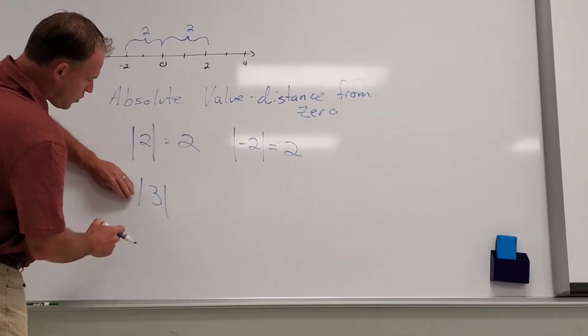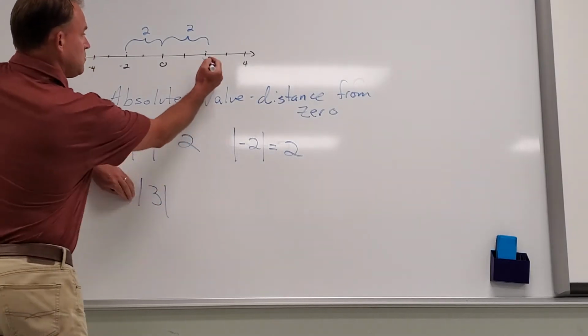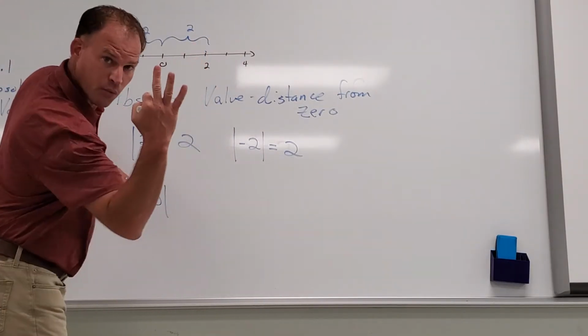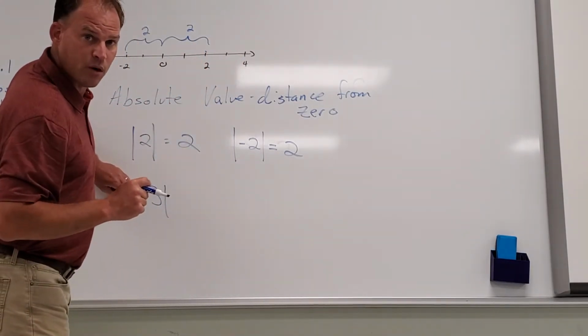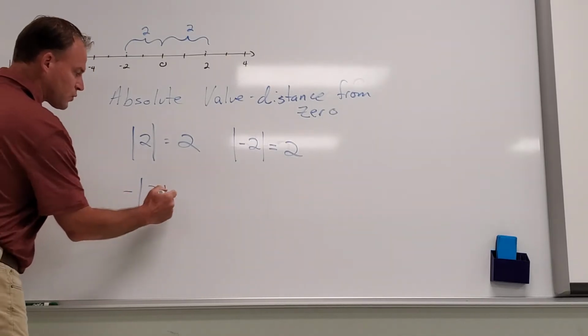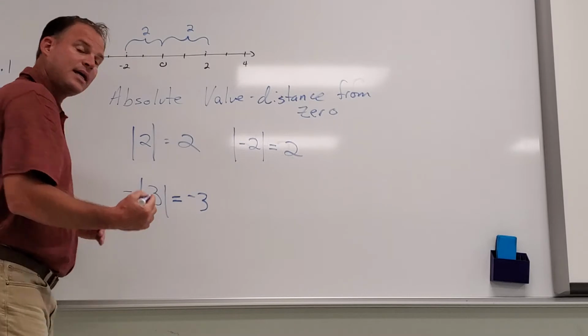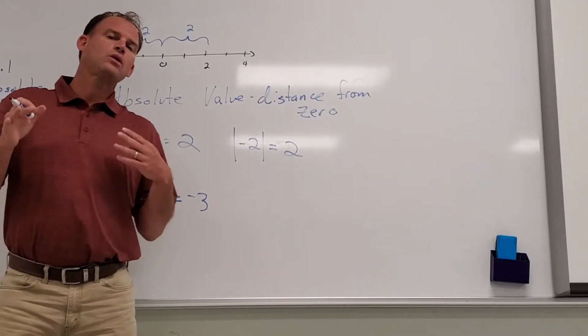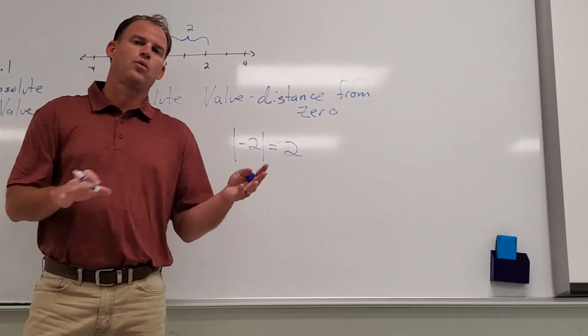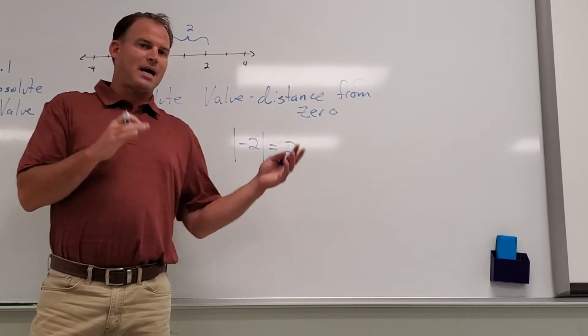So this means, what is the absolute value of 3? 3. It's 3 units away from 0. What is the opposite of 3? The opposite of 3 is negative 3. So don't think that this is always just going to give you a positive answer.